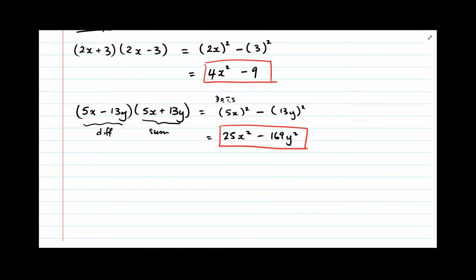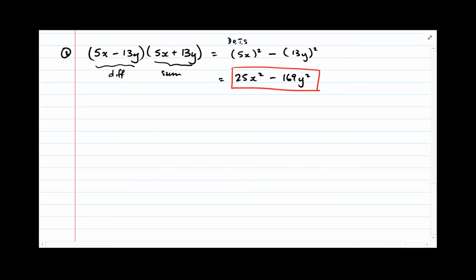There are times that although it's not a binomial, you are still going to be using this idea of the difference of two squares. And what do I mean by that? Let's look at an example. Number 2.